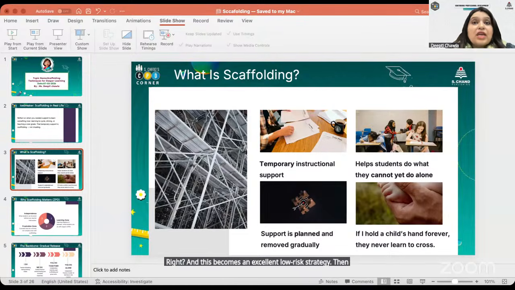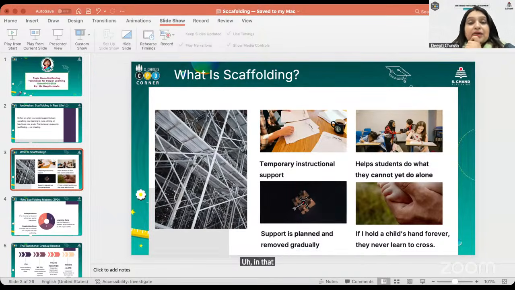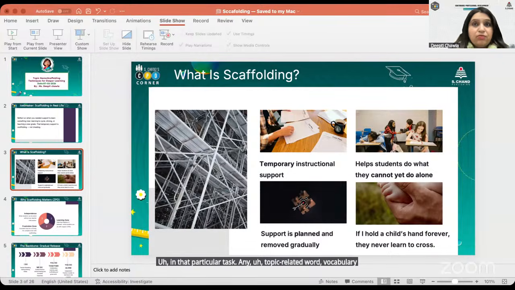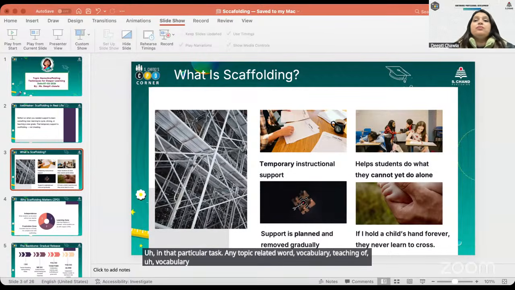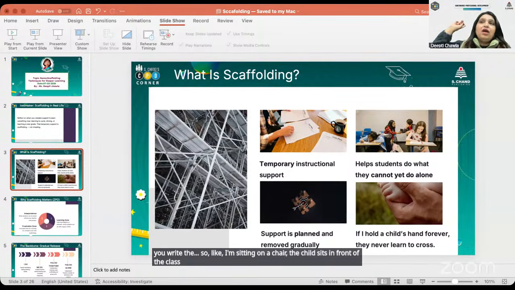Then there are other games, like a game which is called hot seat. In that particular task, any topic related word, vocabulary teaching, can be done. So like I'm sitting on a chair, the child sits in front of the class, and then there is a word written on the blackboard. The children can read the word.